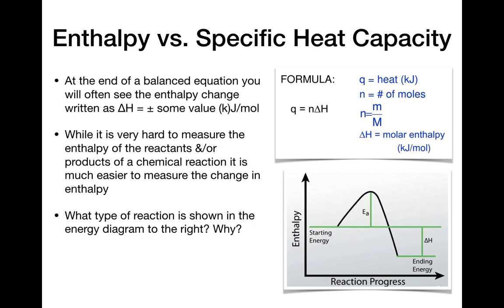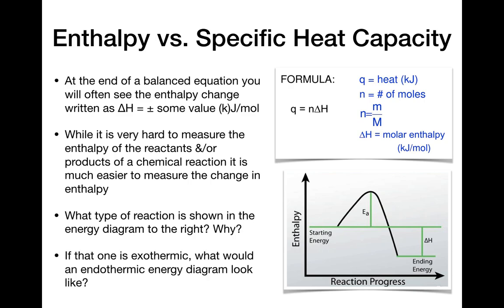What type of reaction do we see here, and how do you know? So this is an exothermic reaction, and we know it's exothermic because the starting energy is higher than the ending energy, and energy was produced and left into the surroundings during that reaction.